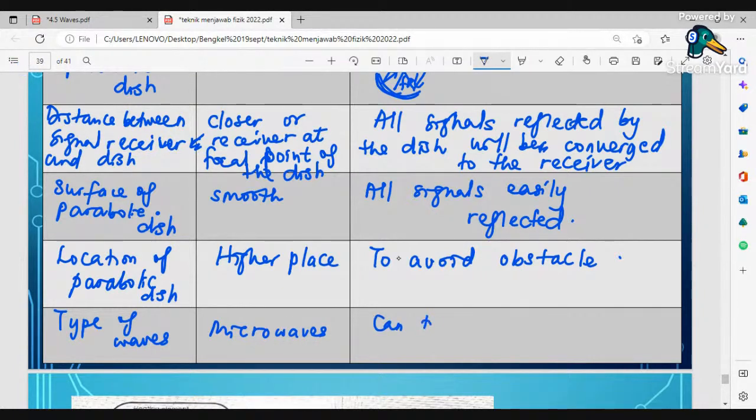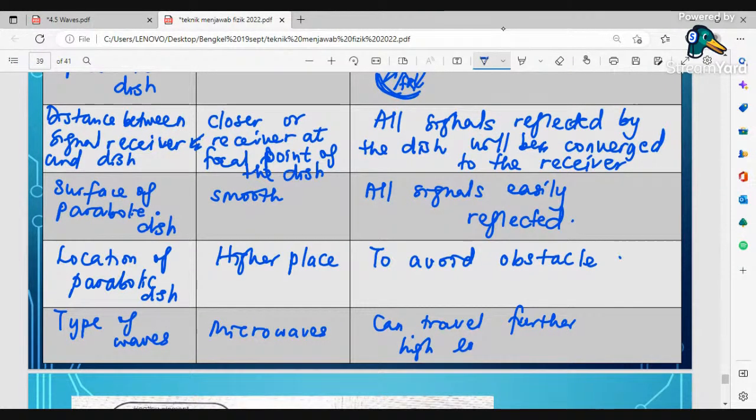It can travel further and has high energy.